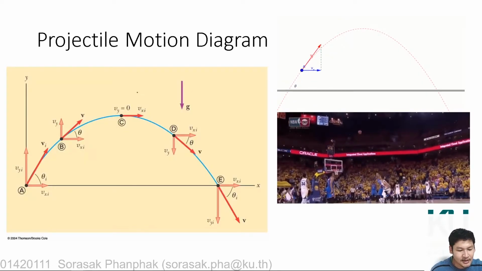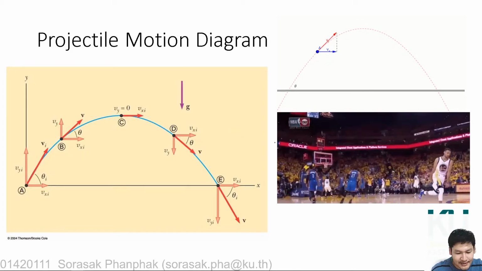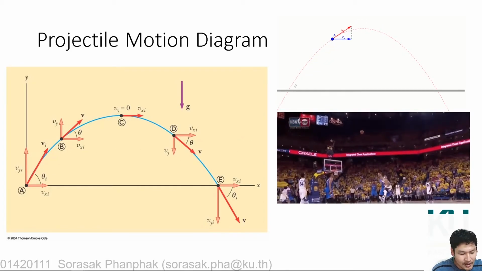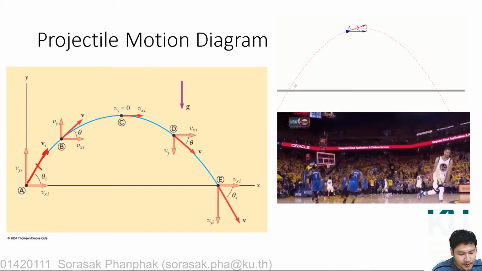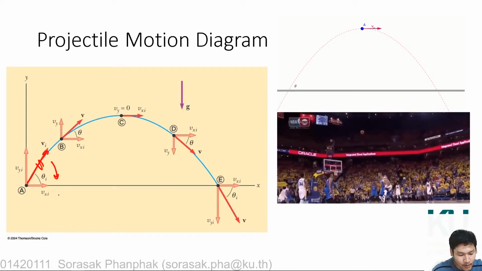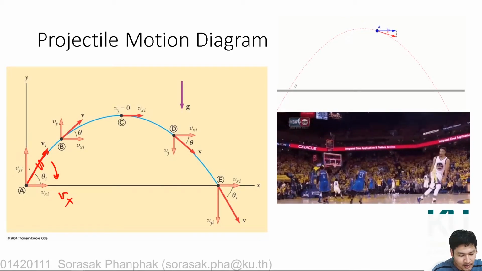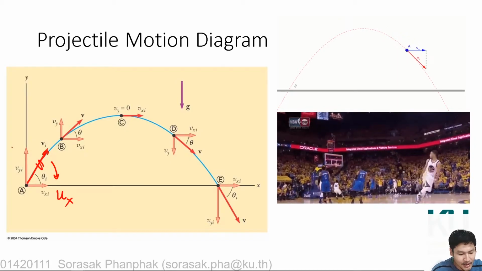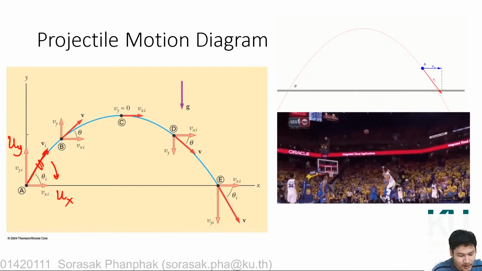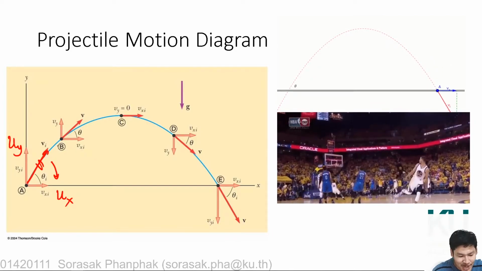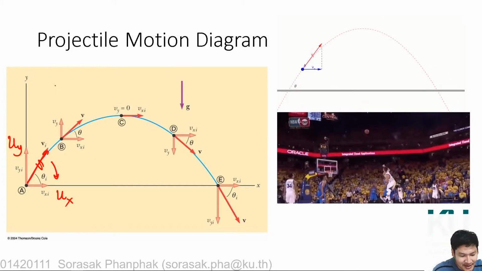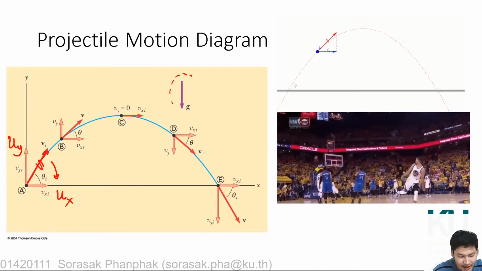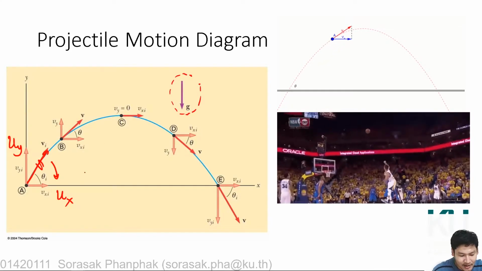So this is the diagram of the projectile. As you can see, the initial velocity can be broken into Vx components, which I will write down as ux because it's the initial velocity, and also uy components. With the time change, you have the influence of the g acceleration only.